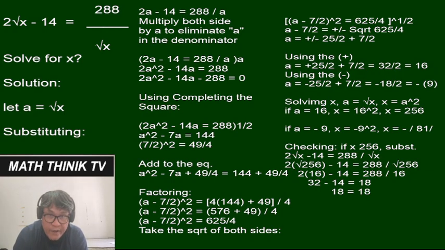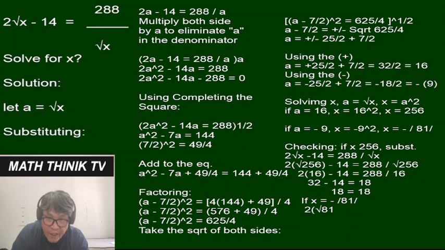So if we substitute the other one, if x is negative 81, no? This is absolute value. So we substitute. So 2 times square root of 81.